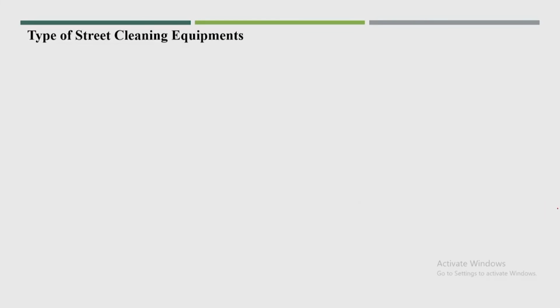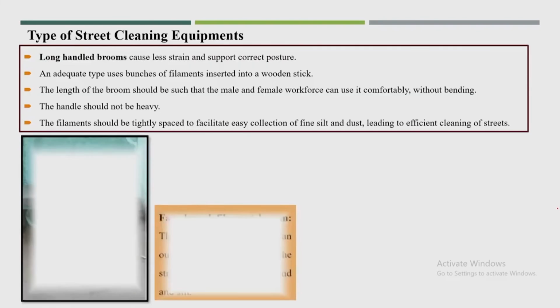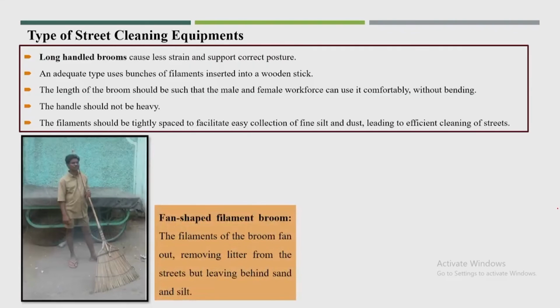Type of street cleaning equipment. A long handle broom is required because it puts less strain and supports correct posture, and the handle should not be heavy. This is one kind of broom, the fan shaped filament broom.